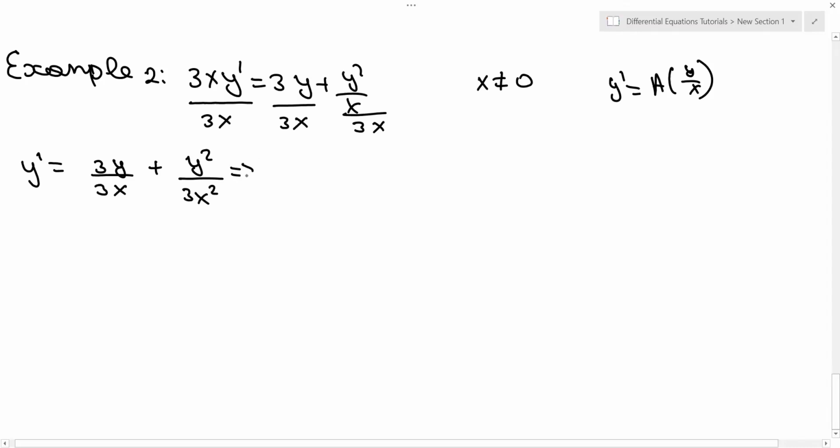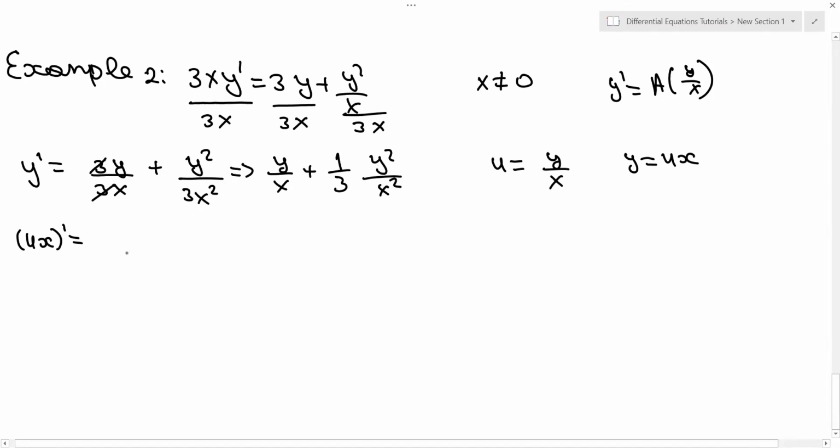And from this, we have y over x, because the 3's cancel each other, plus 1 over 3 y squared over x squared. So again, we will have u is equal to y over x, or y is equal to ux. Again, instead of this we write u plus 1 over 3 u squared.